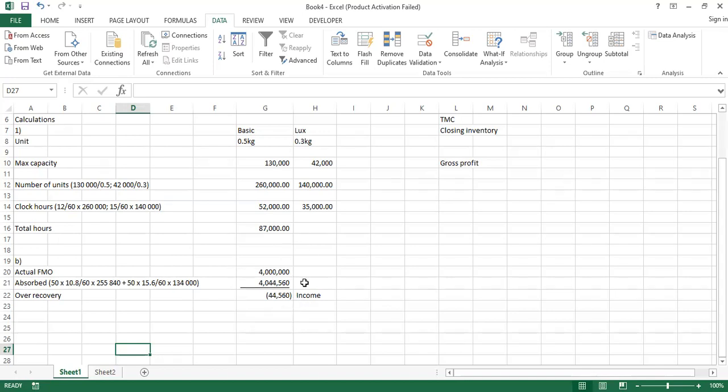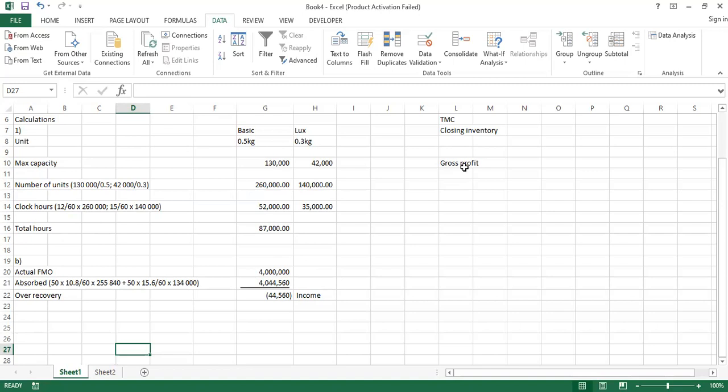So in actual terms, we incurred much less than what we absorbed into our inventories. Hence we need to deal with that. I promise that we are going to deal with this in the next couple of questions, but it basically comes as a line item above our gross profit.